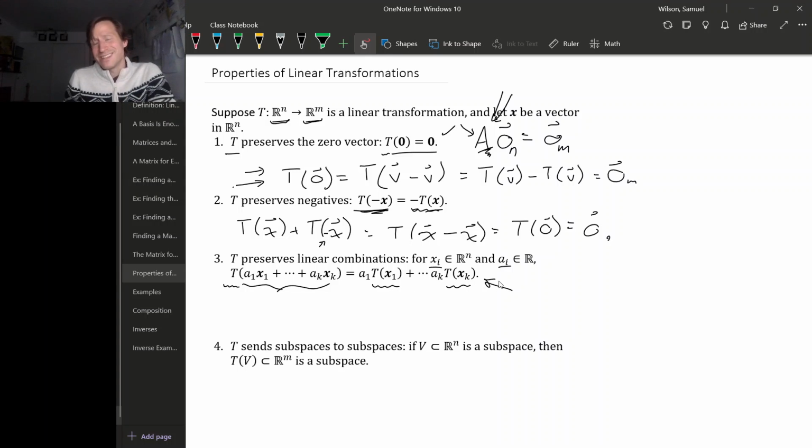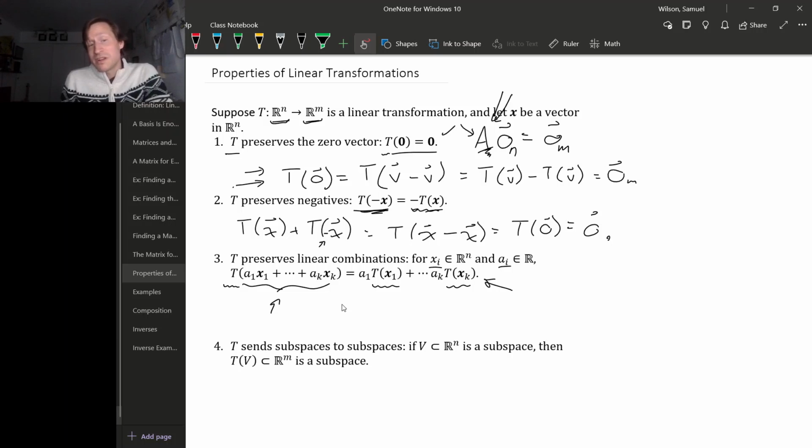This is essentially the characteristic property of linear transformations, just applied over and over again to break down this big sum into individual pieces. So there's not really anything to prove here. If you wanted to, you could be careful about writing out a mathematical induction, where at each step you tear off just the first vector, but you get the idea.